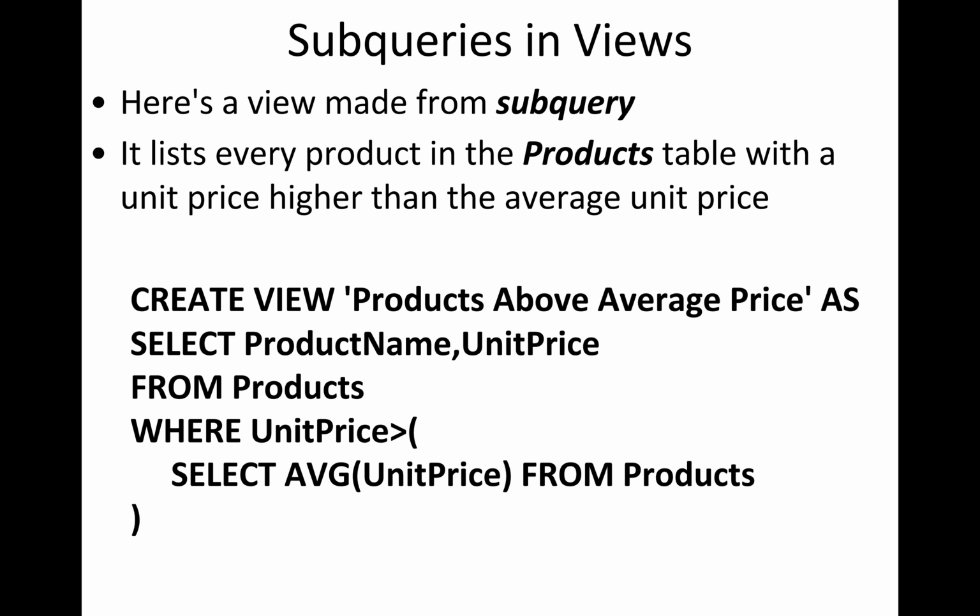This is then used in an outer select statement that compares the unit price against the average one, and returns only those products whose price is greater than the average one.